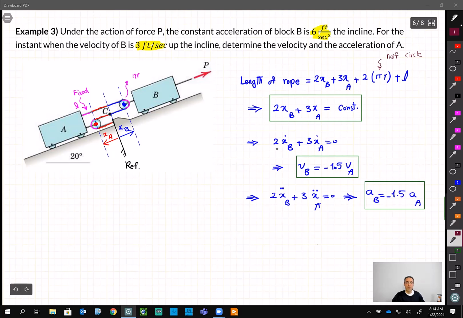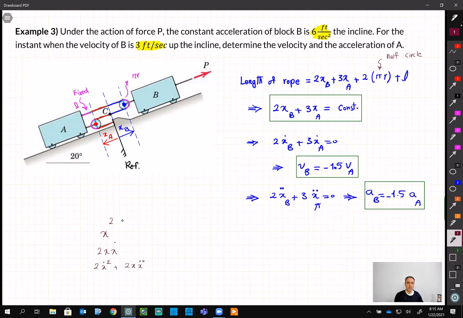Okay, so please check when you take the derivative, I saw in chat. Derivative of x is x dot, and derivative of x dot is x double dot, right? Don't confuse it with when, let's say you have x squared. When you have x squared, you take the derivative, it's going to be 2x x dot, right? Because once you take the derivative for this power, it's going to be 2x, and then derivative of this x, which is going to be 2x x dot. And you take another time derivative, it's going to be 2x dot squared plus 2x x double dot.